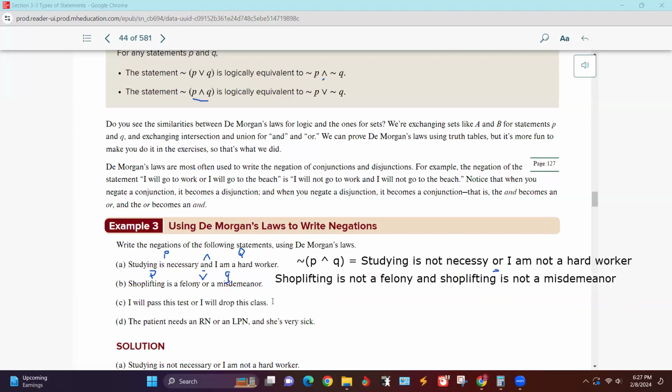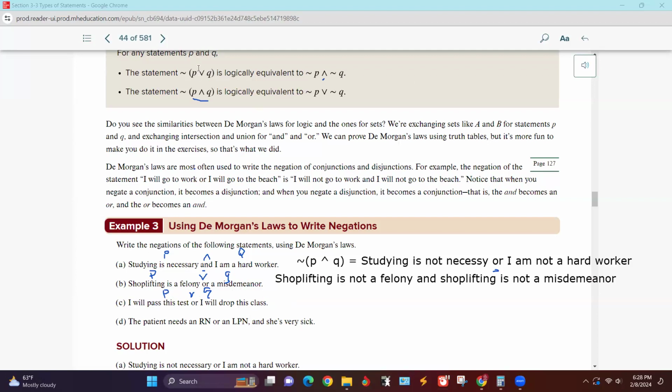I will pass this test or I will drop the class. So again, you've got a P or Q. So this is P or Q. So it's really the same one because this was or and this one's or. There's no negations in it. So this is going to be, we're just using the one up here because it's an or we're negating.